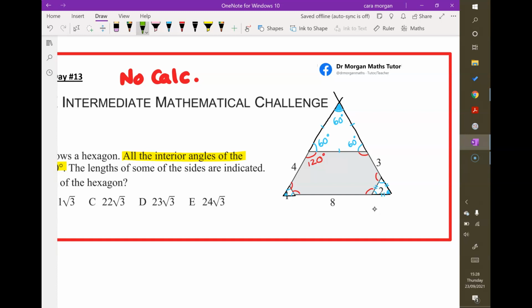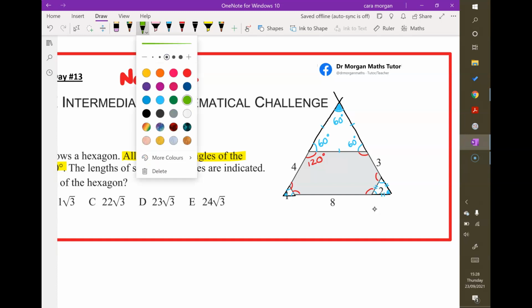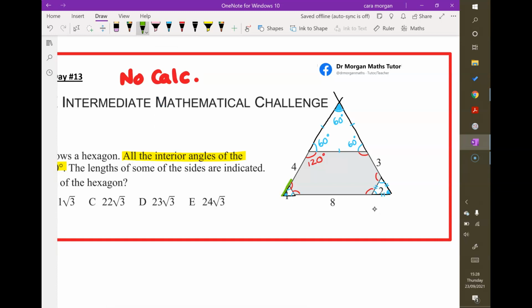By doing that, I can see that I have a much bigger equilateral triangle because all of its interior angles are 60 degrees. I know that because in each of the 3 corners I have the same angle, so therefore the sides must all be equal as well. Well, that tells me that the sides of that big equilateral triangle are 11 units long.